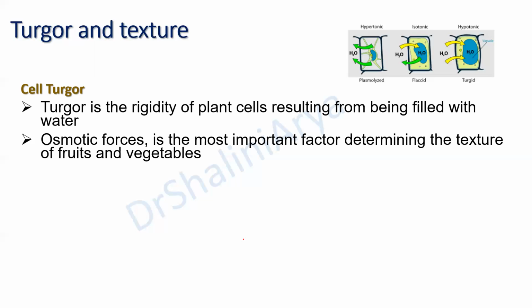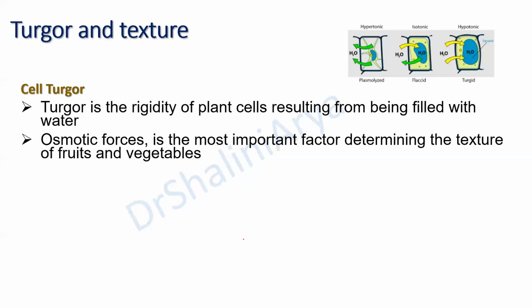So it is because the cell wall of the plant tissue has a degree of elasticity. Also, the cell wall is permeable to water and ions, as well as small molecules.